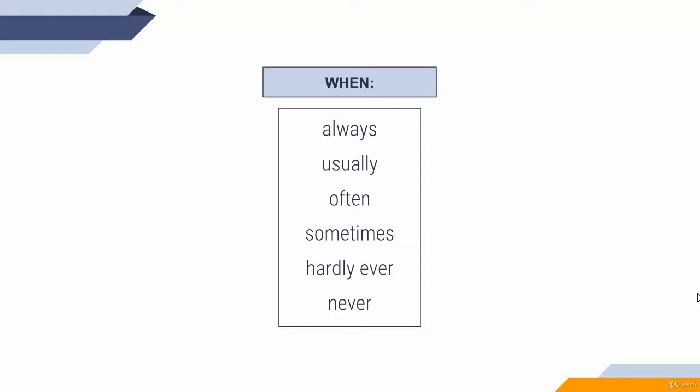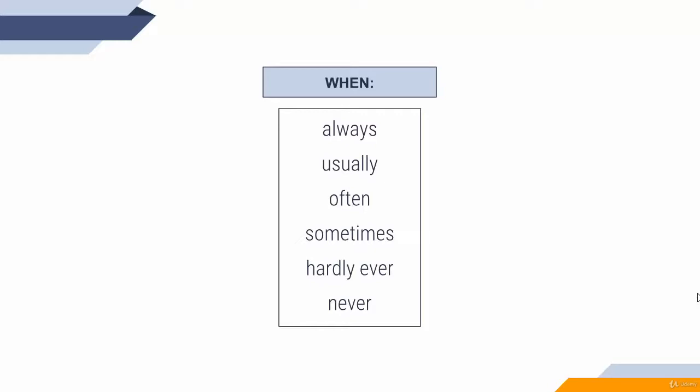So the first thing that you notice, in the previous video, I told you that the adverb is formed by the adjective plus ly. Yes, this is the general rule, but not all of the adverbs. And here's your example. All of these are adverbs of frequency. They show how often one action happens.